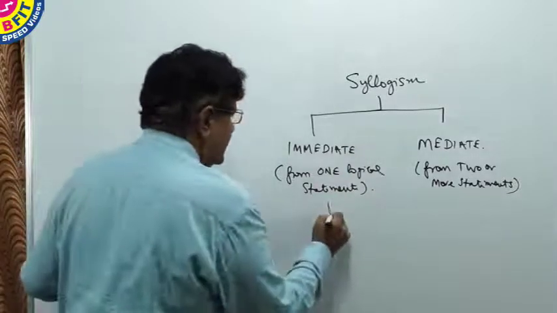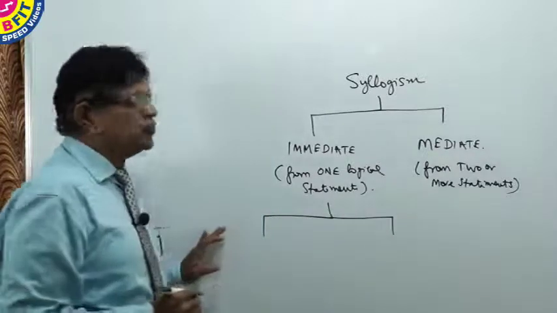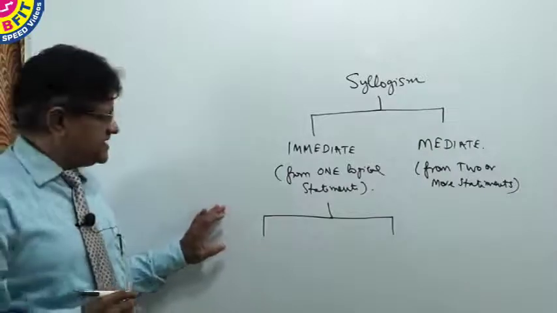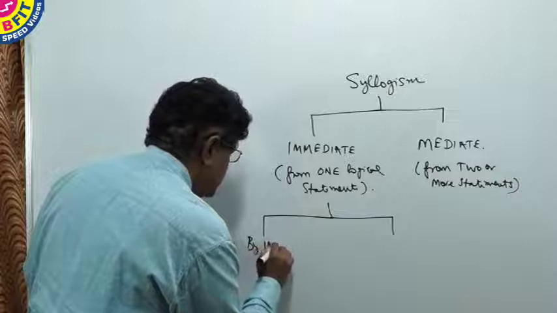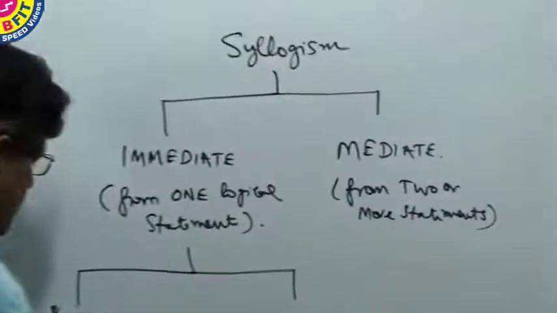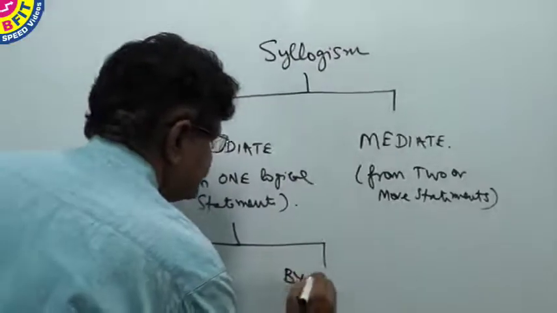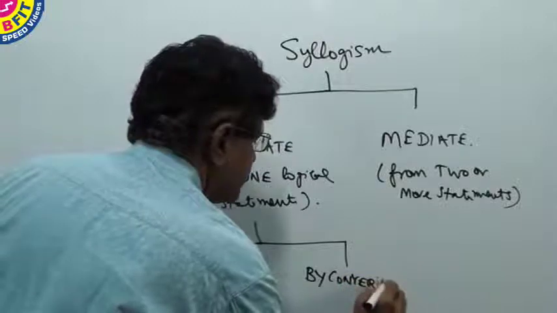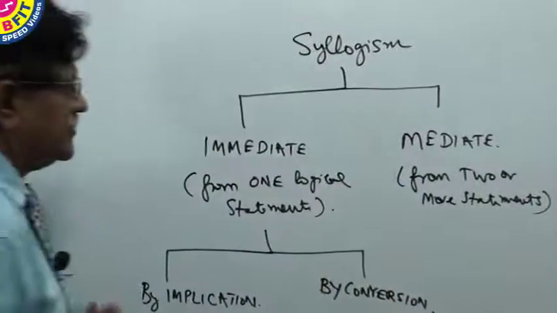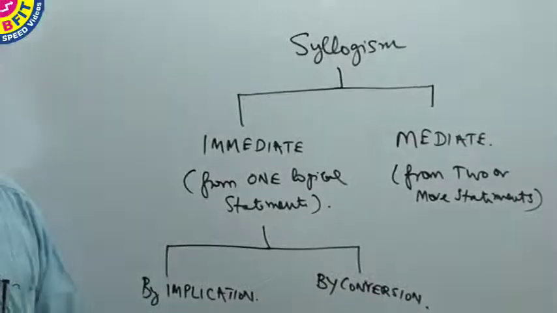And then immediate inference method has got two subclassifications: by implication and by conversion. So what is by implication and by conversion?